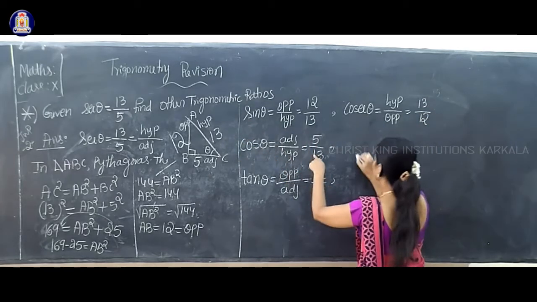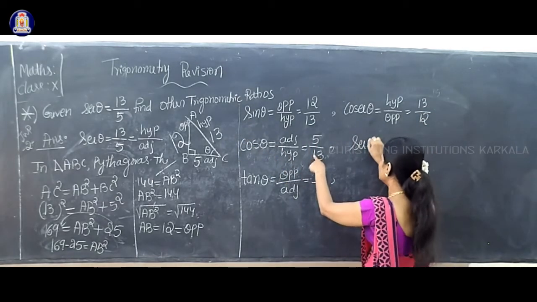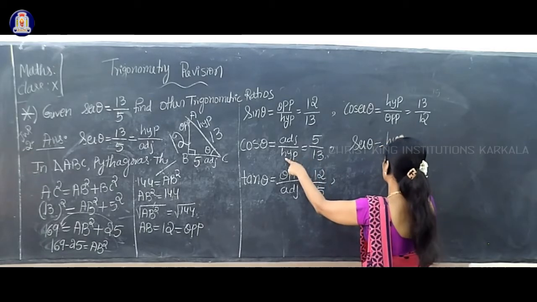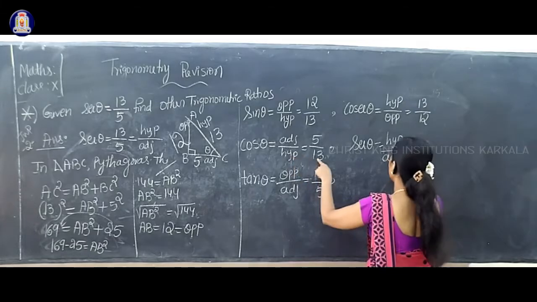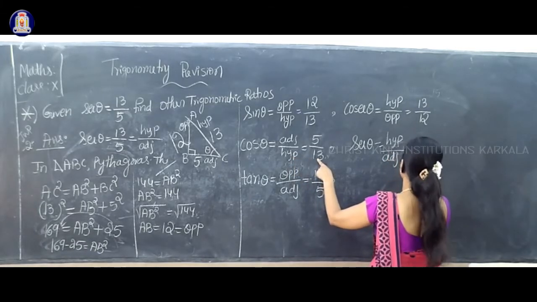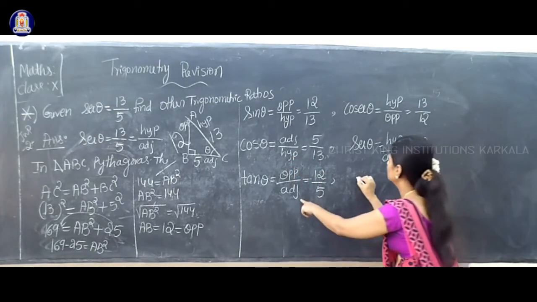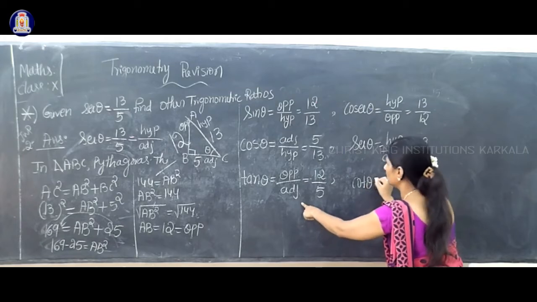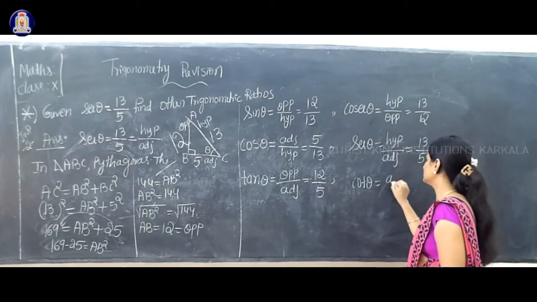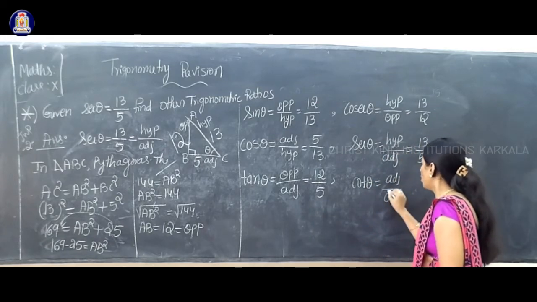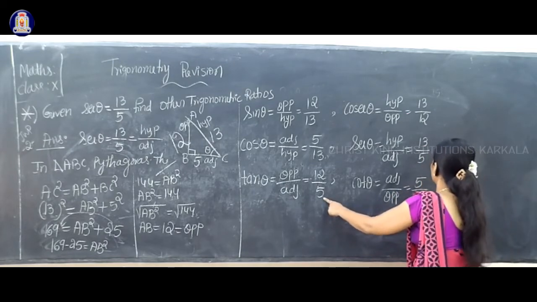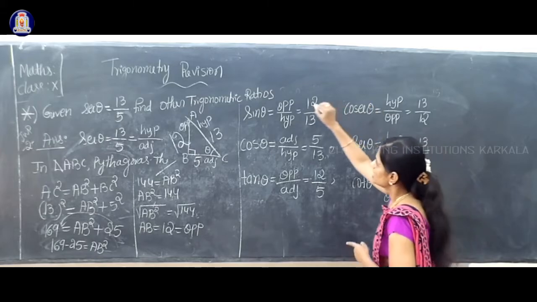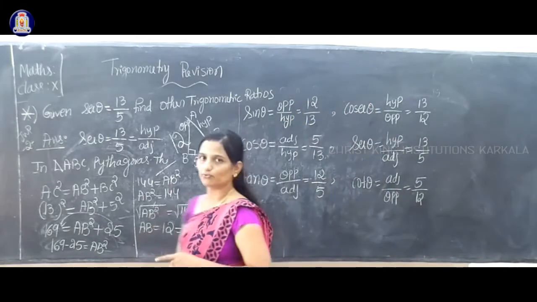Secant theta is given, but I will write here: hypotenuse side divided by adjacent side, 13 divided by 5. Remaining is cot theta, adjacent side divided by opposite side, so 5 divided by 12. So all 6 trigonometric ratios we got.